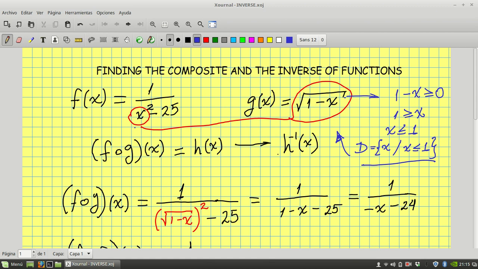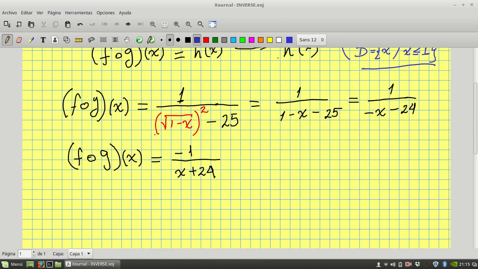And how to find the domain of the function. As x is any number, this x should be any number less than or equal to 1. So if I set any number less than or equal to 1, we're going to find the domain here, but we cannot include when the expression is 0.